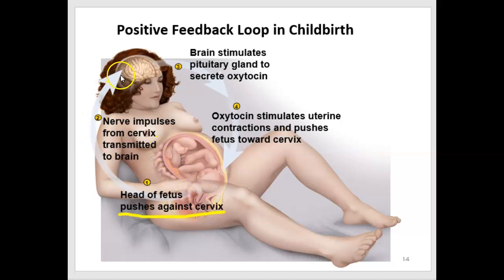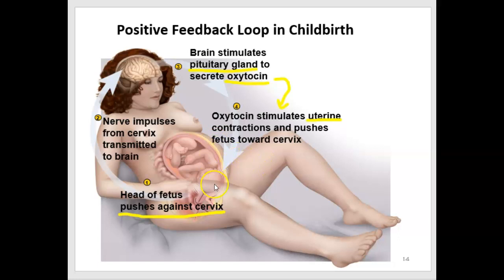That signal is sent to the integration center of the brain. The brain sends out a signal to an effector, and one of the effectors is the pituitary gland. And the pituitary gland releases a hormone called oxytocin, which stimulates another effector, which is the uterus. And what oxytocin does is it stimulates the uterus muscle, the muscle in the lining of the uterus, to contract.